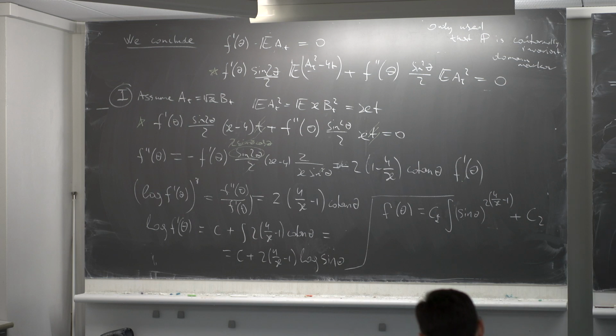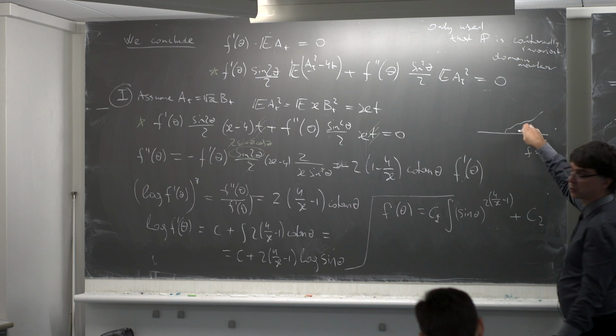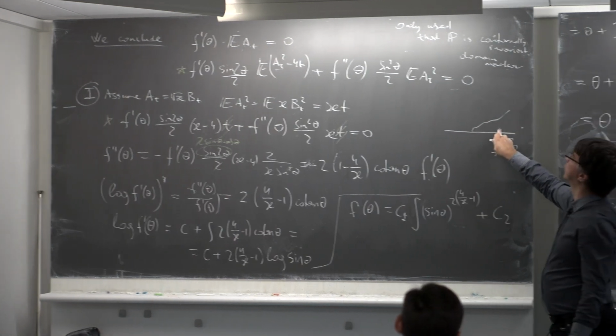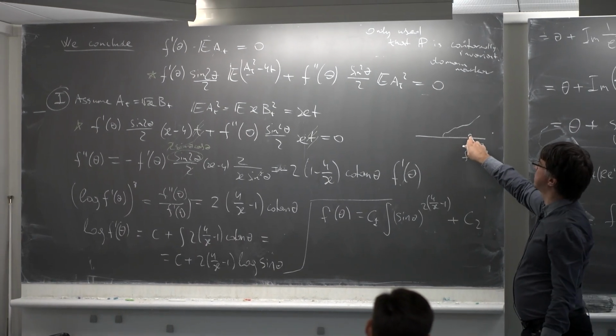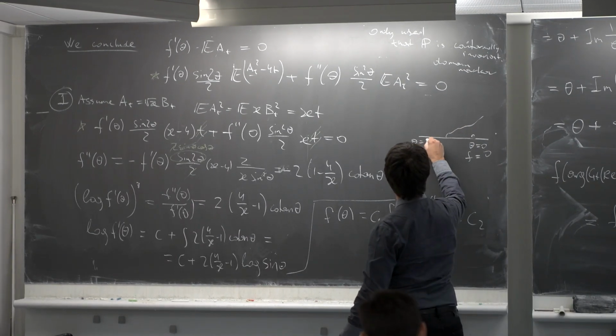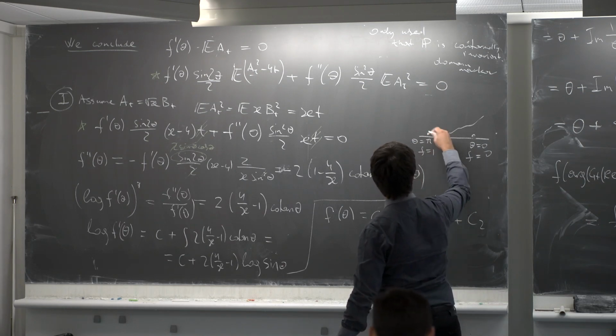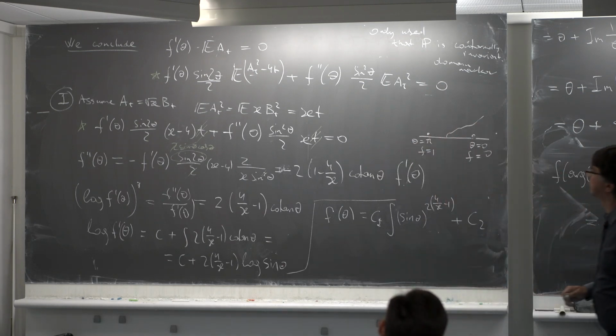And what do we know about the boundary conditions? When theta equals 0, then f is equal to 0, because you are always to the right of the curve. If you are on this boundary, the curve is left of you. Then when theta is equal to pi, f is equal to 1, because if you are here, then the curve is always right of you.